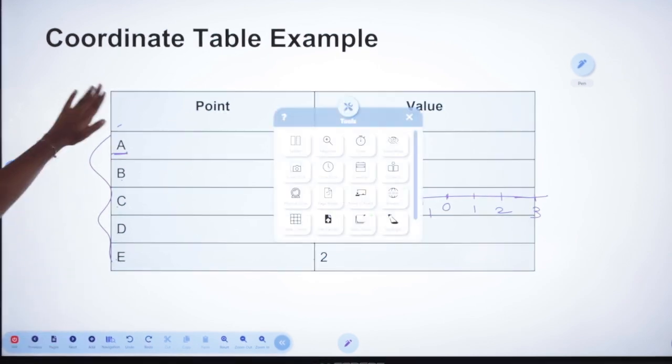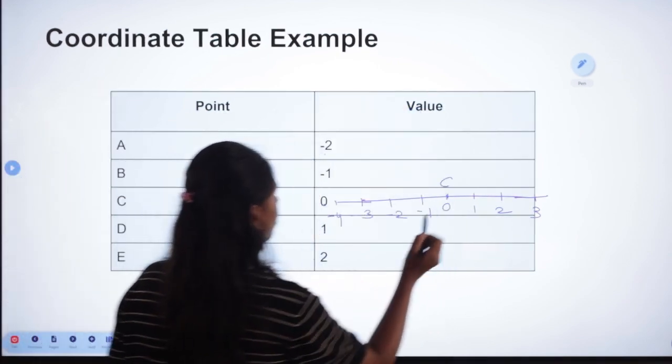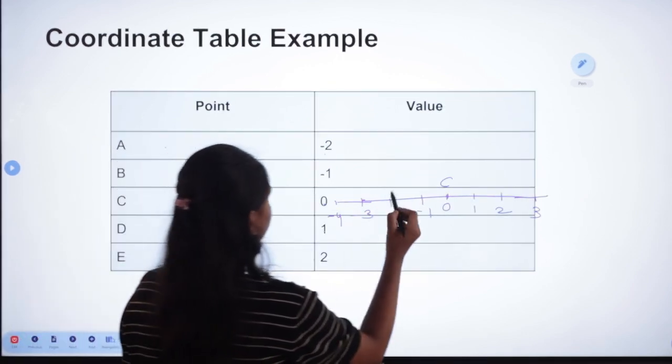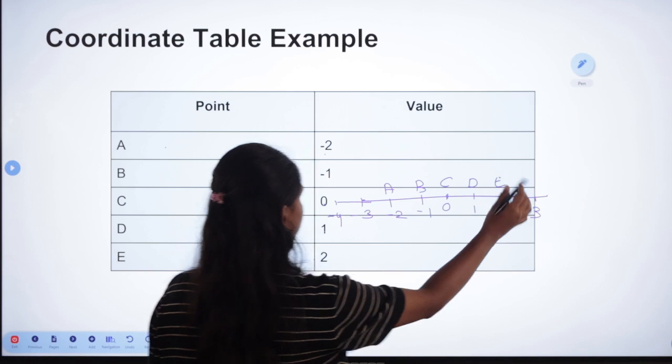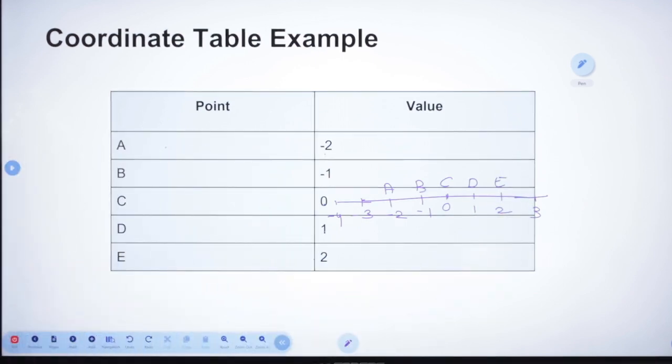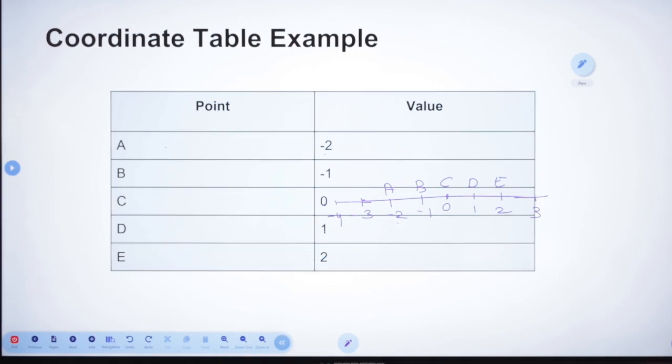Now, what is the name for 0? That is C. For minus 2 it is A, then B, C, D and E. So like this, they have given names to the points. Okay.